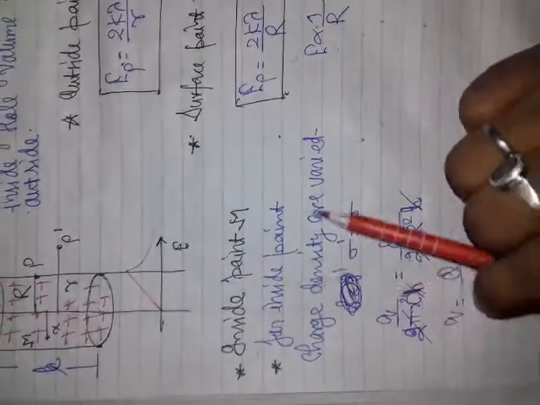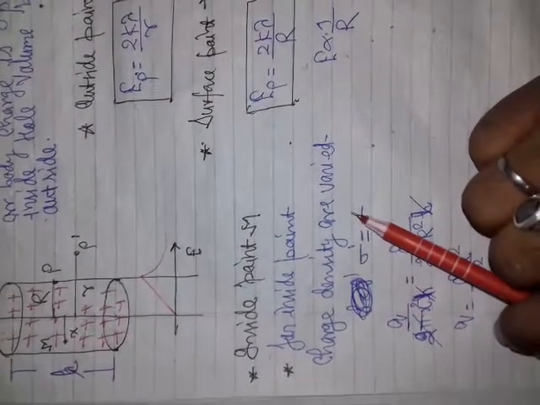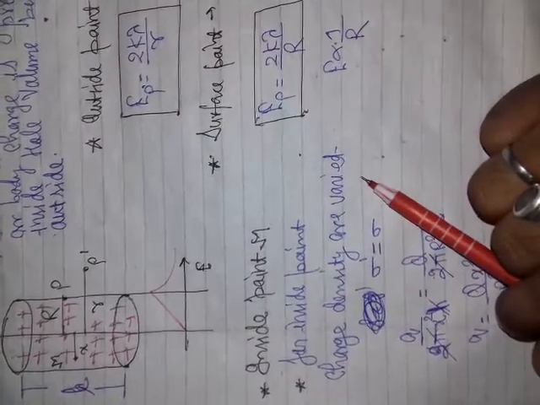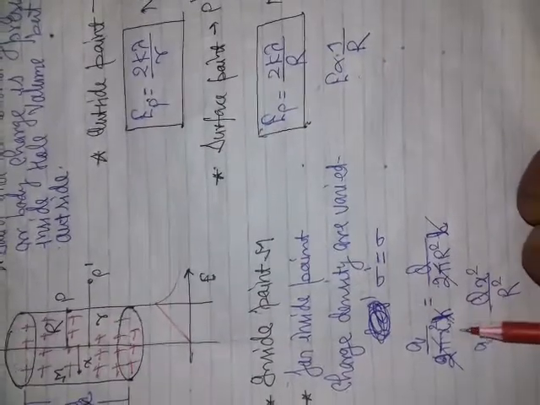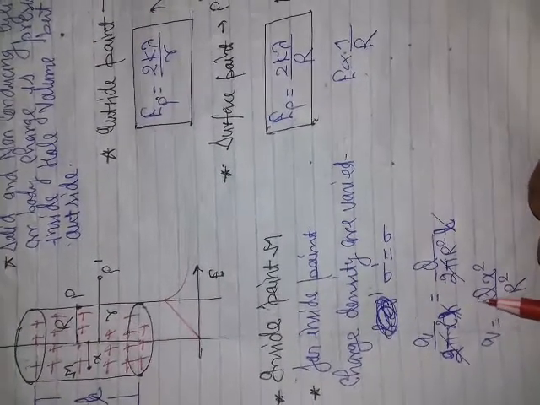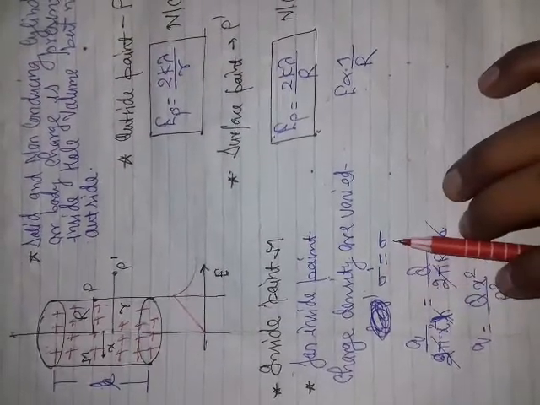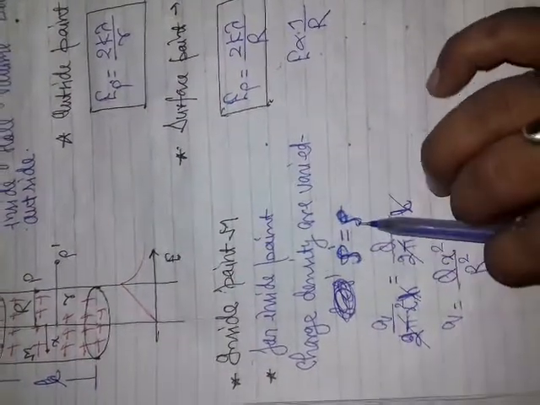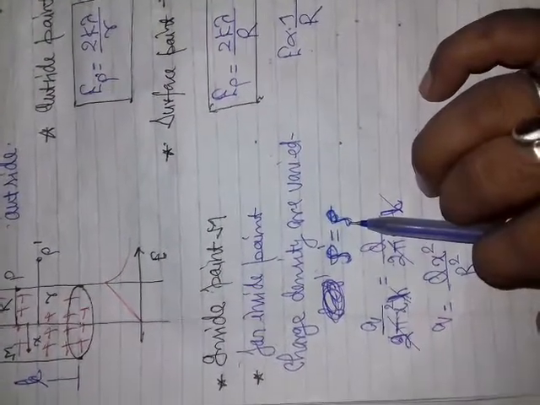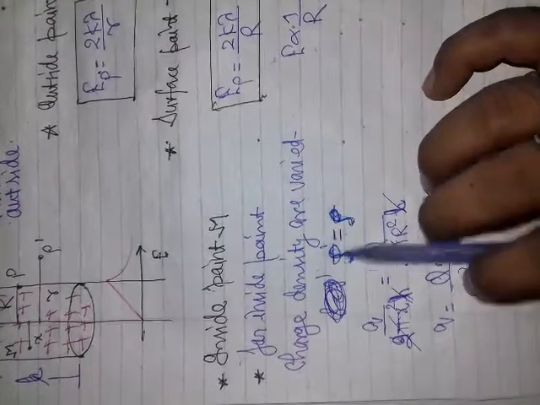For the inside point the value is different, because the charge density varies for the point M inside the cylinder.